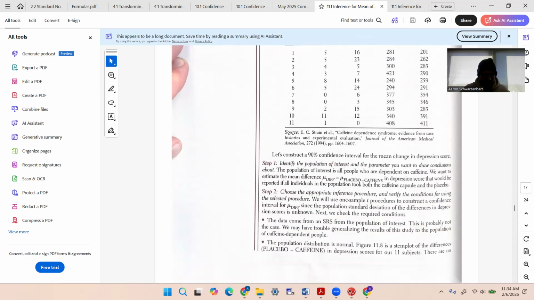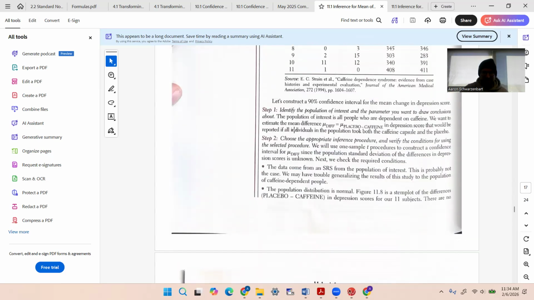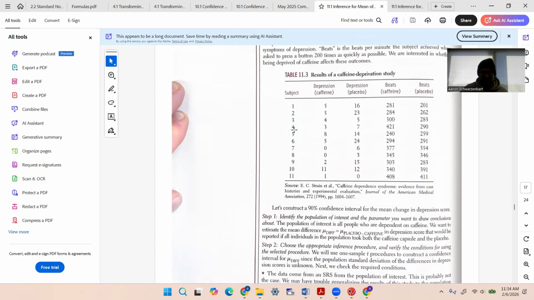Okay, we're going to do this one on the calculator. We'll actually do it. The values show up on page 632 in your book. Our population of interest is people who are caffeine dependent.